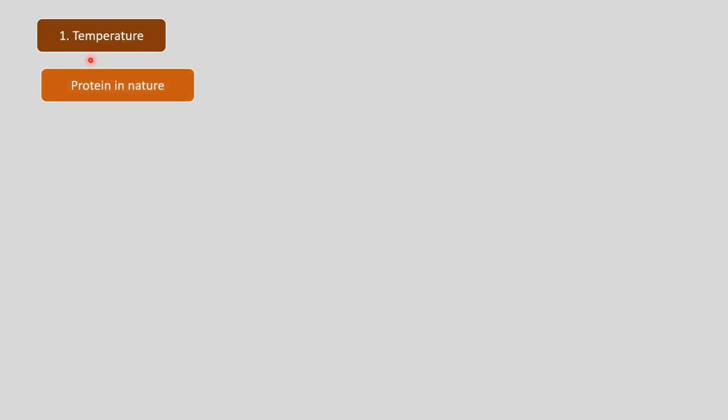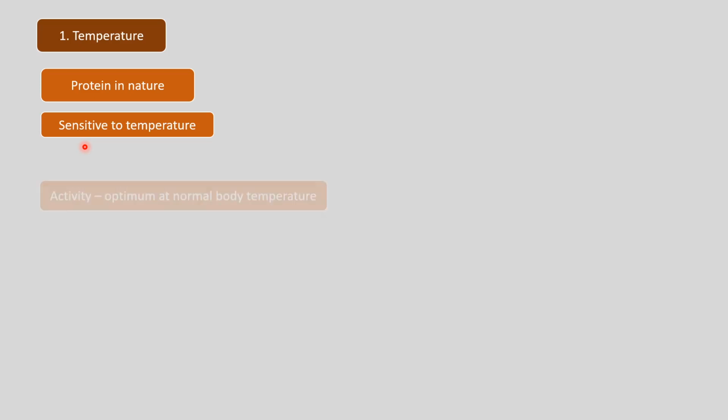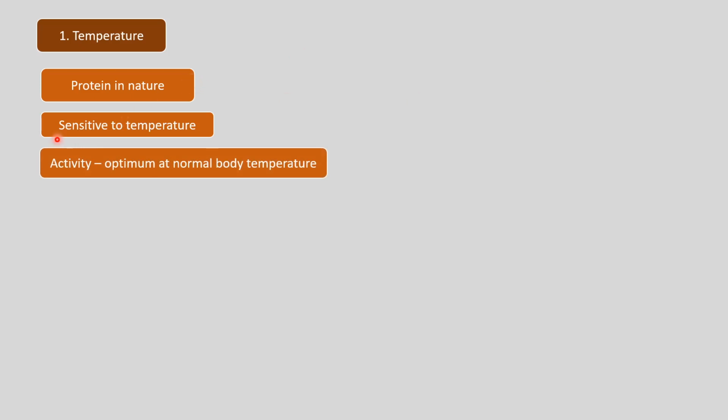So as we already know now, enzymes are protein in nature, right? So as these are protein in nature, it is obvious that they would be sensitive to temperature, because proteins are sensitive to temperature. Now the enzyme activity remains optimum at normal body temperature.